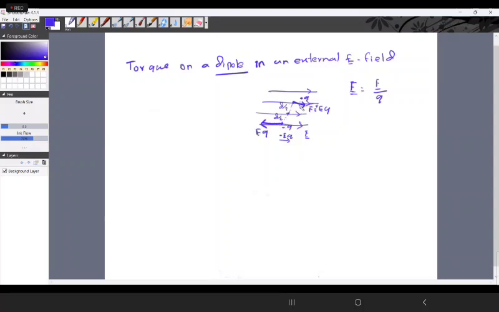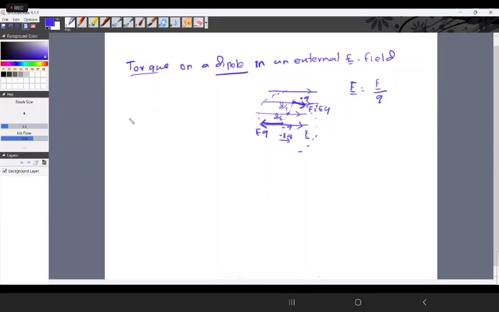So just consider now we have one force in this direction and another force opposite to it. By just connecting these two ends with a line through the center, we have opposite forces at the two ends of this line, so there will be a torque, right? It will rotate like this. So that is what we call a torque.